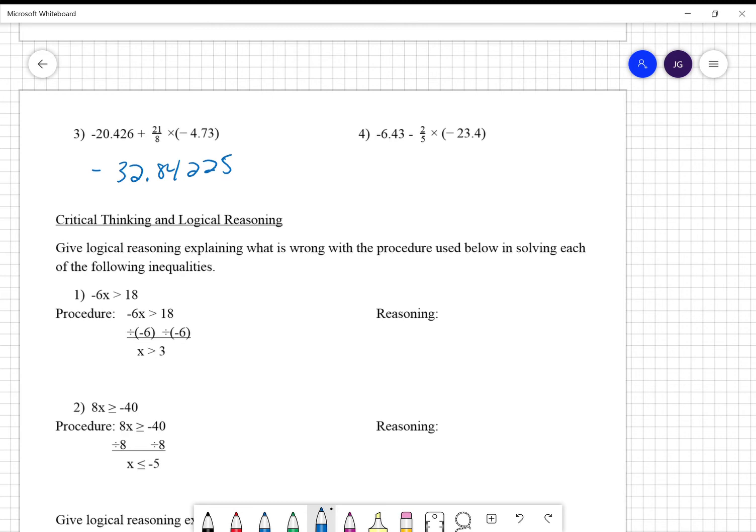Negative 32.8 if you're rounding it to the nearest tenth. The next one is $2.93.